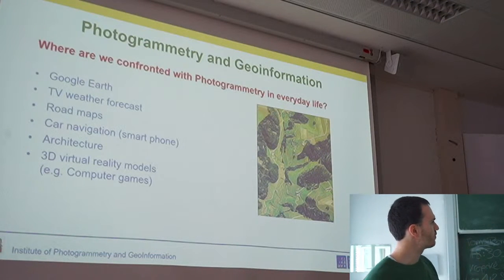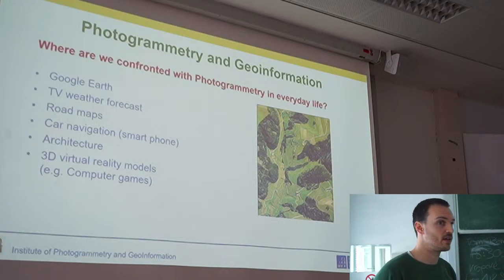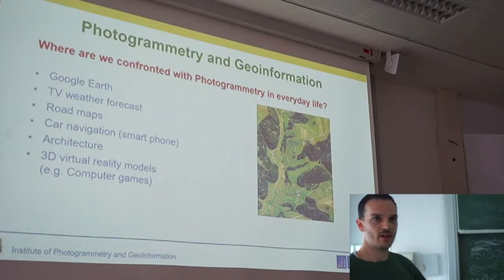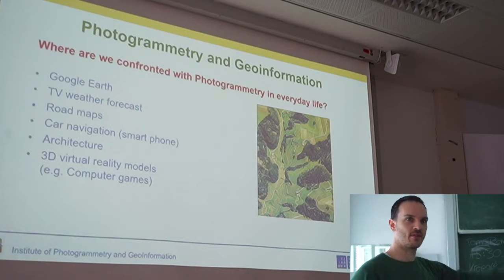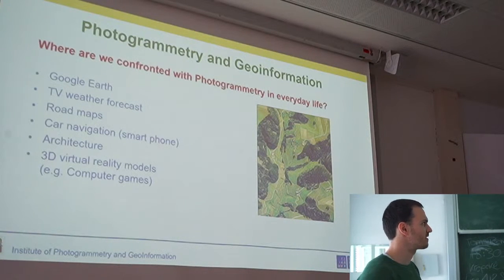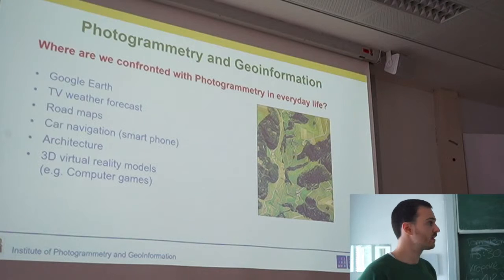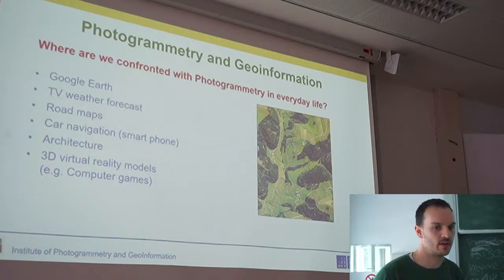And all of this requires a lot of pre-processing of the data. It's not just drag and drop the satellite images to their viewer, but it requires some processing. And this is basically done by a lot of photogrammetry as well. In a similar way, we can use satellite images to visualize weather forecasts.